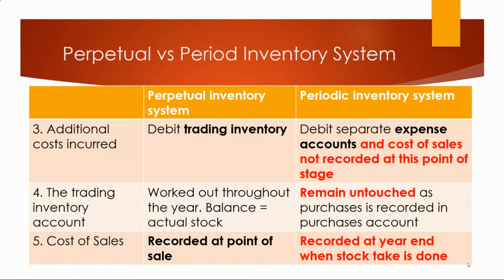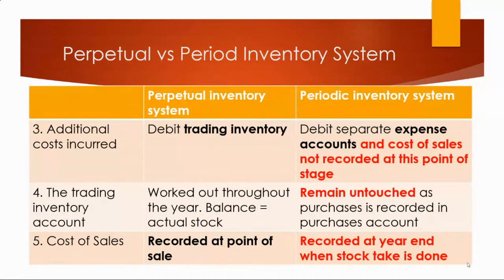So if we've got import duties, you take it to the import duties account, purchases goes to purchases, and so forth. And it does not go to your cost of sales. The cost of sales will remain unchanged at that point in time. Then the trading inventory account, under your perpetual inventory system, gets updated every time something happens.